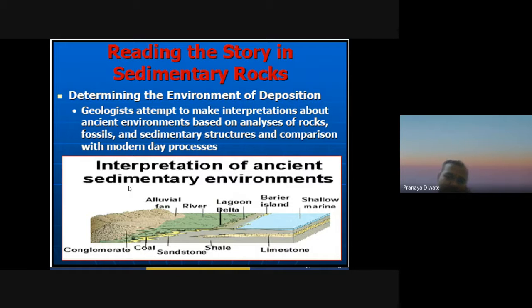Once you have a set of parameters, like coarsening upward is only found in this environment, graded bedding is only found in this environment, and cross bedding means a change in the direction of flow, so this is a set parameter. In addition to the basics of all the sedimentary processes, you can also apply your own knowledge and additional input, thinking about how it could happen.